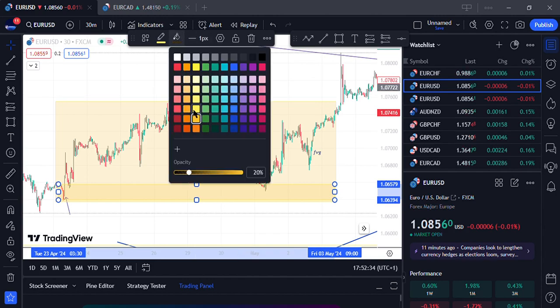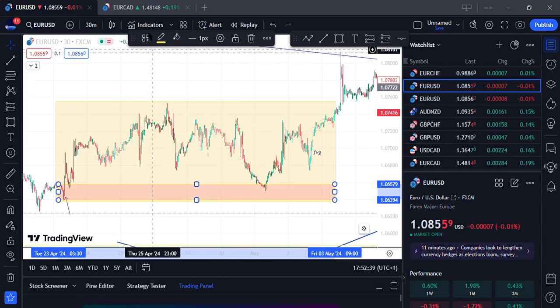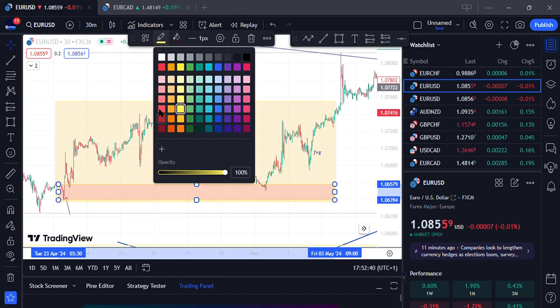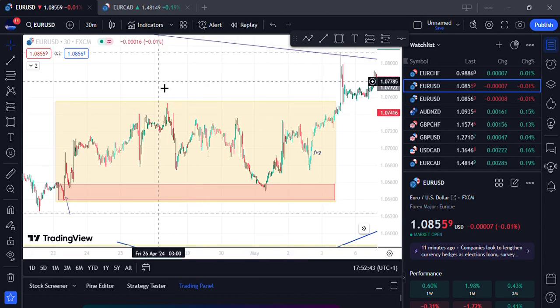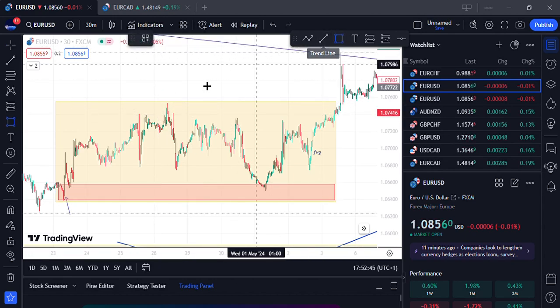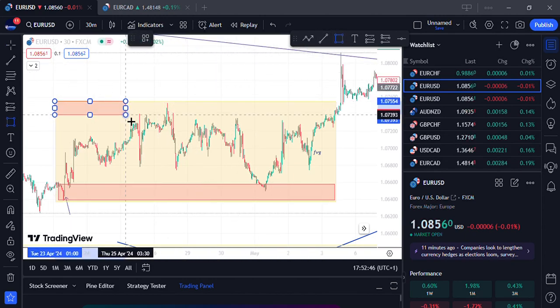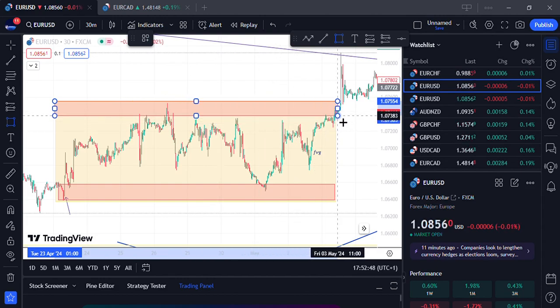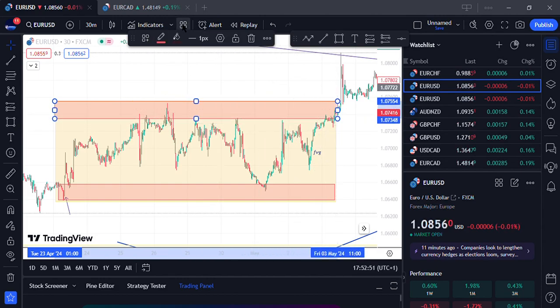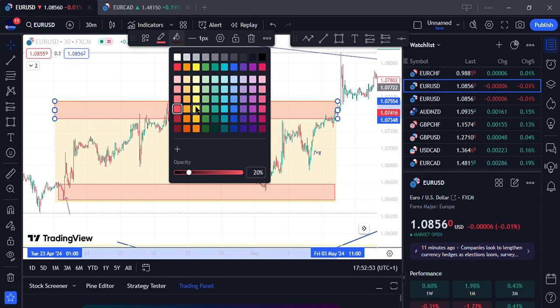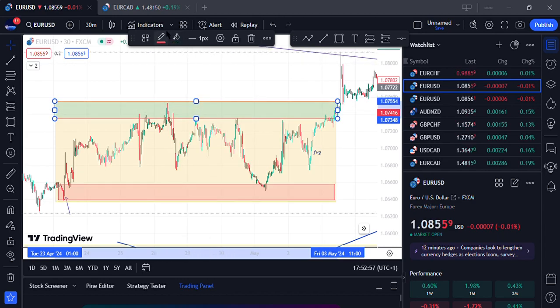You are marking out the ranging zone inside the market, just like the way you used to mark your normal support level in a trending market. The same way you mark out your support level and your resistance level in a ranging market as well. Do you get that?